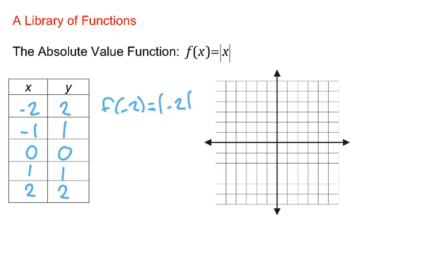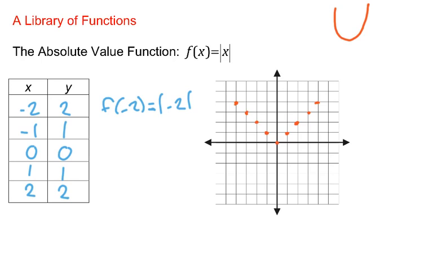Let's plot those points. Negative 2, negative 2. Negative 1, negative 1. 0, 0. 1, 1. 2, 2. And you know what? If we wanted to go a little bit farther on, this graph would have negative 3, 3. Positive 3, 3. Negative 4, 4. Positive 4, 4. And I wanted to do that to show that whereas at first glance you might think, oh, it's another parabola, notice that we don't have those gently swooping branches that we have in a parabola.